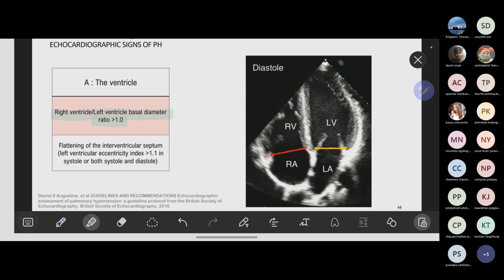This is measured from the standard apical four chamber view without foreshortening. The ratio more than 1 suggests RV dilatation.